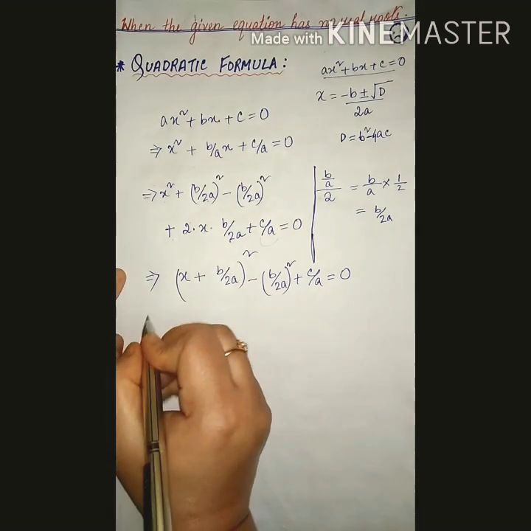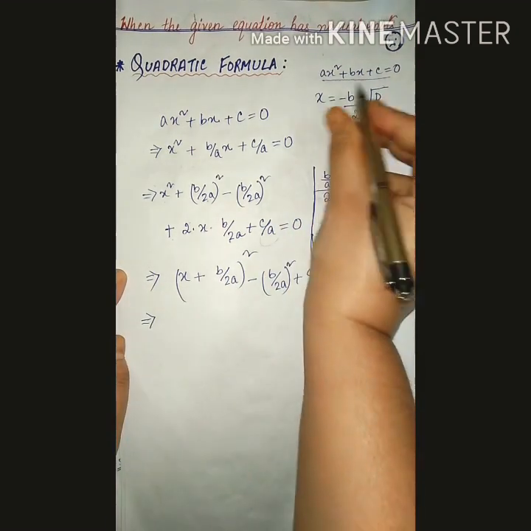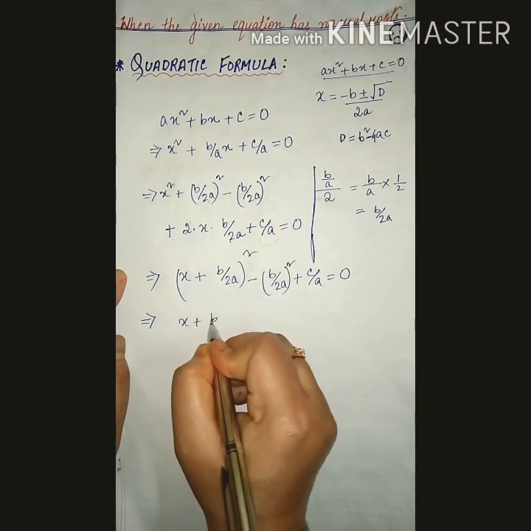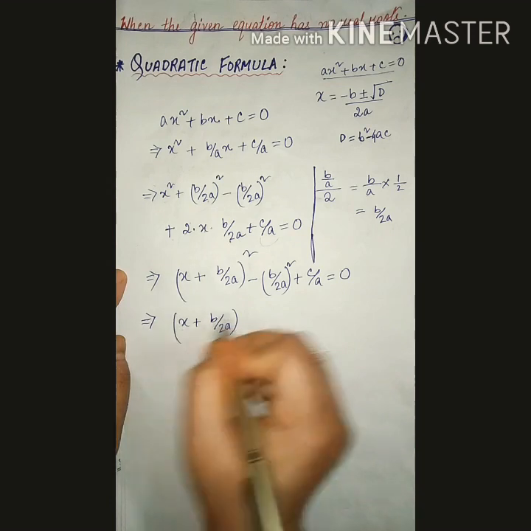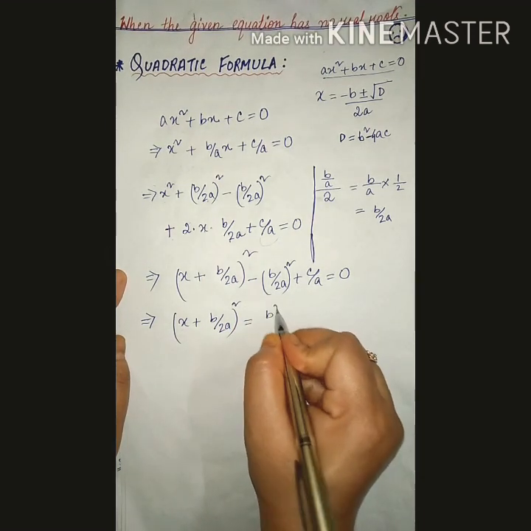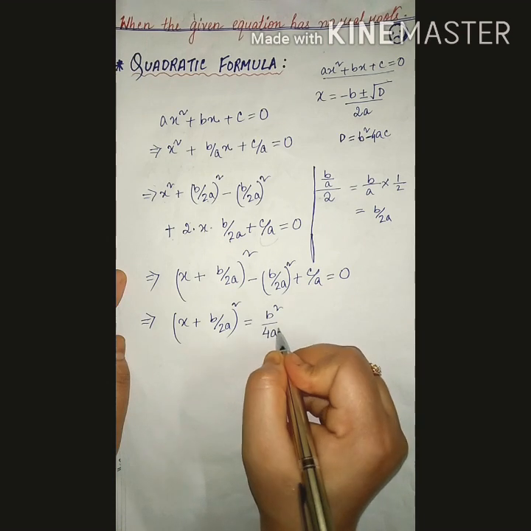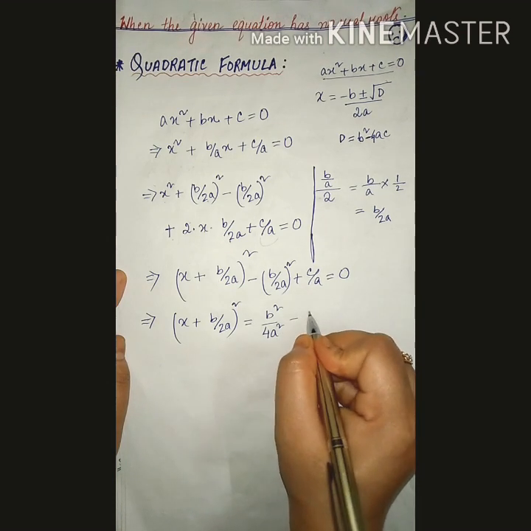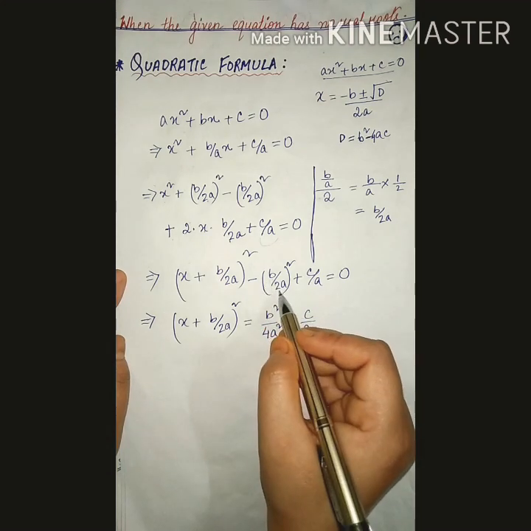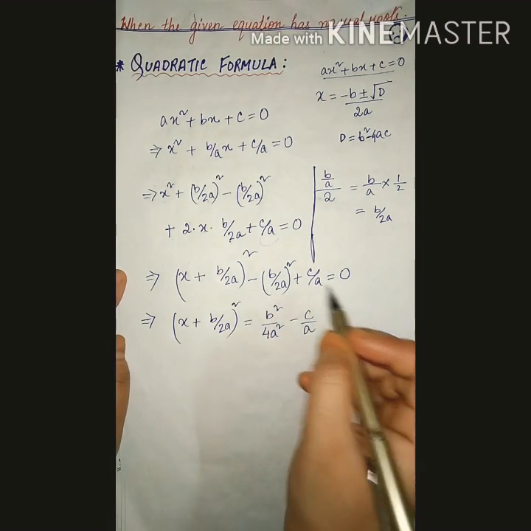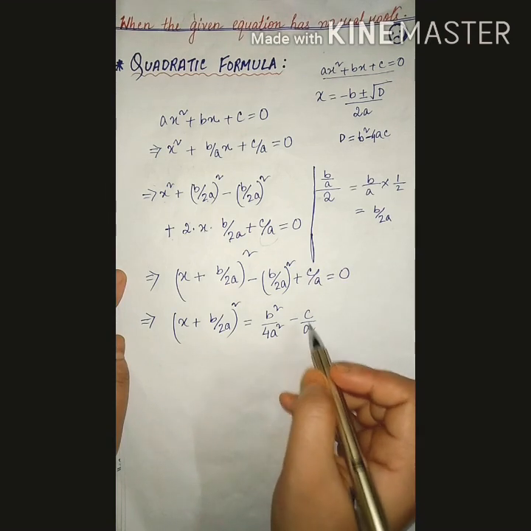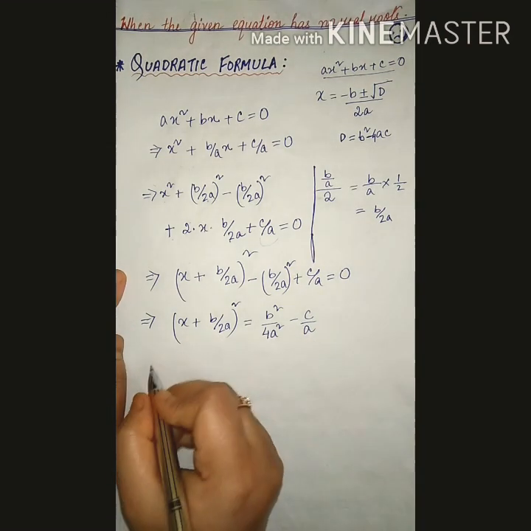Clear? Now we will solve this and derive the formula. x plus b by twice a whole square equal to b square by 4a square minus c by a. Bring this b by twice a whole square to the right hand side, and you will get negative c by a. Clear?